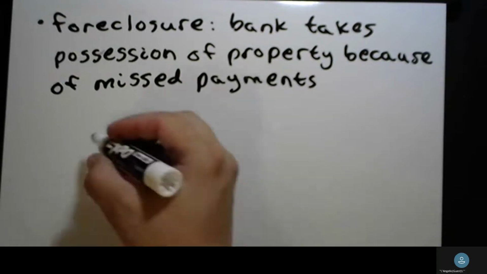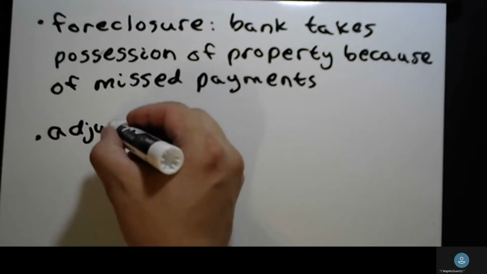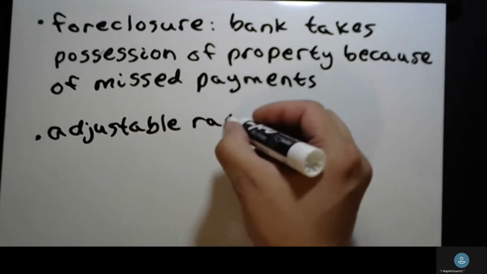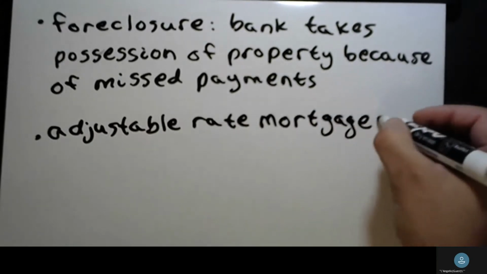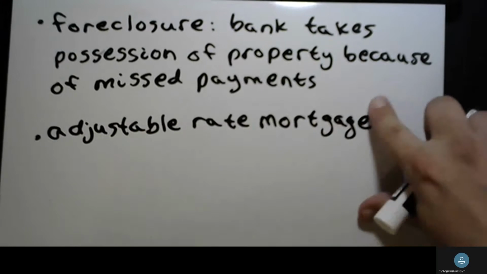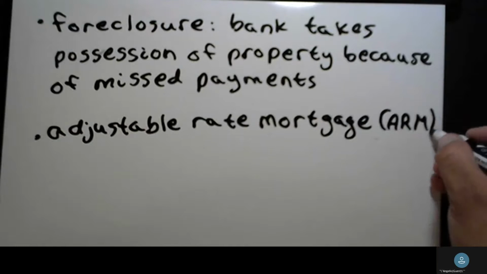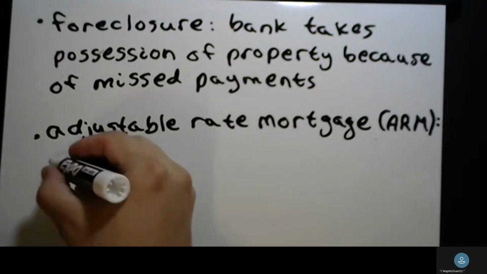The first is what's called an adjustable rate mortgage, or they'll abbreviate it like this, ARM. The idea with this is that the interest rate on your mortgage is going to be adjusted to reflect current interest rates.